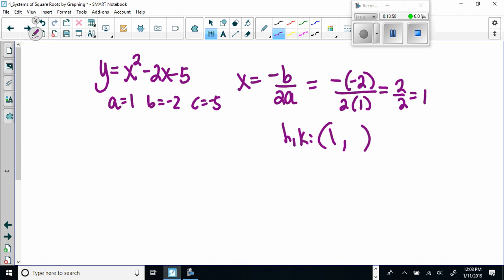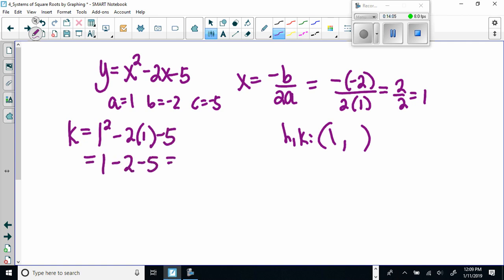Do you remember how I find the k value? I can plug the 1 into the equation, right? So my k value is found by replacing the x with the h value we just found. So 1 minus 2 minus 5 is -6.